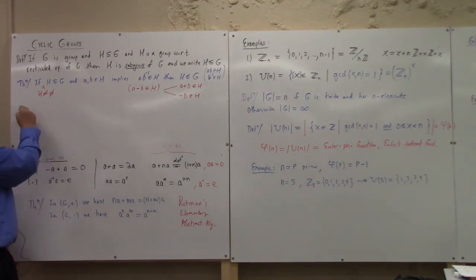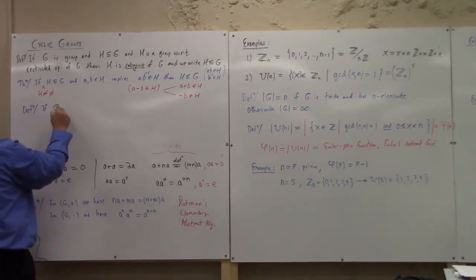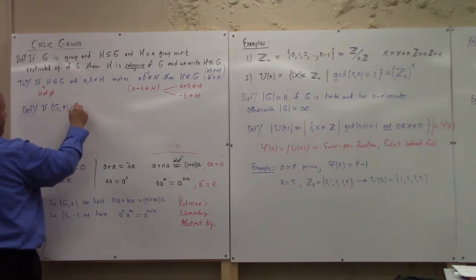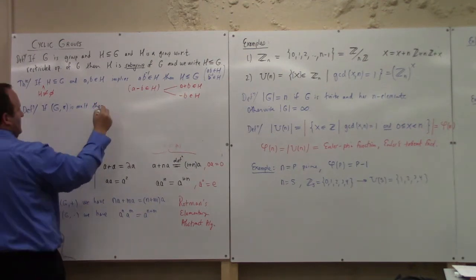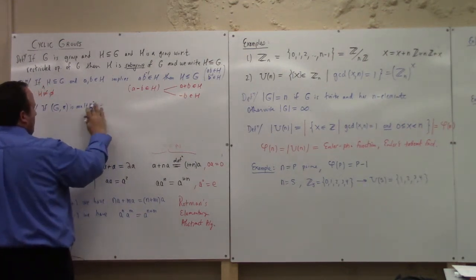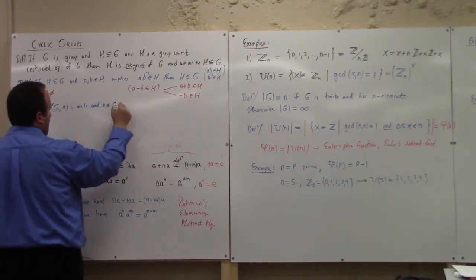Definition. If G is multiplicative, and of course A is an element of G, right?